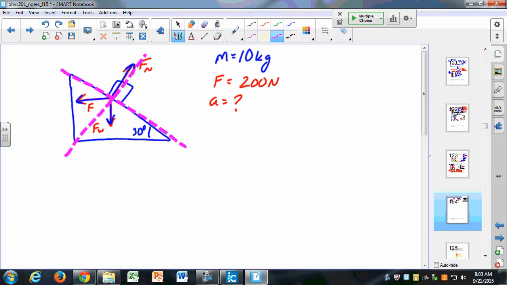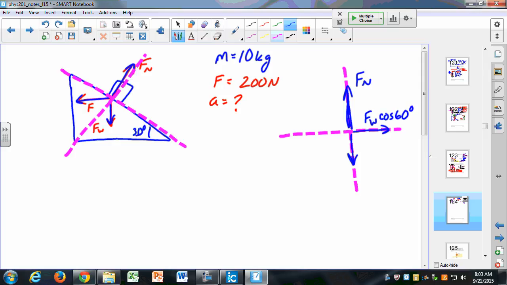All right, so now I need to work with my angles a little bit. I'm going to go ahead and draw these on a separate coordinate system over here. If I draw my normal force, it's right here. I know what my force weight is. Hopefully this just becomes natural to you. This is going to be FW cosine of 60.